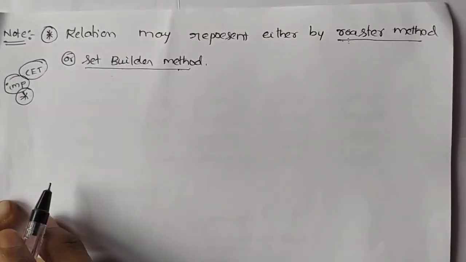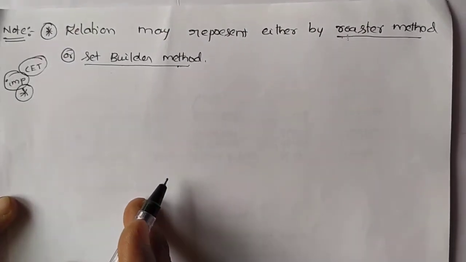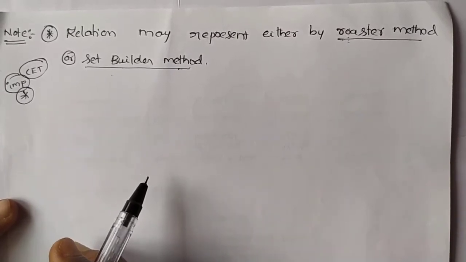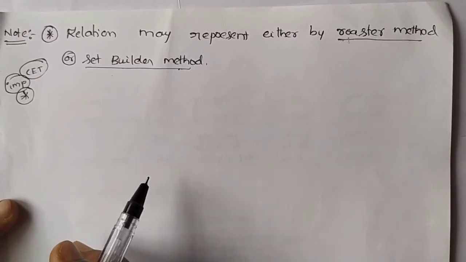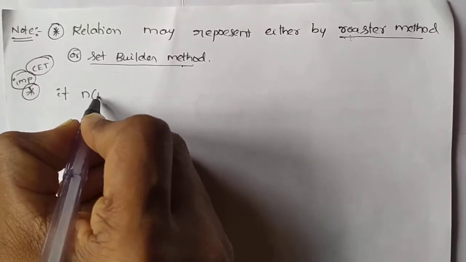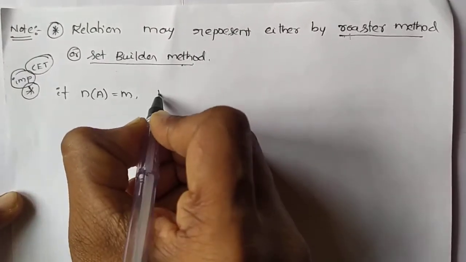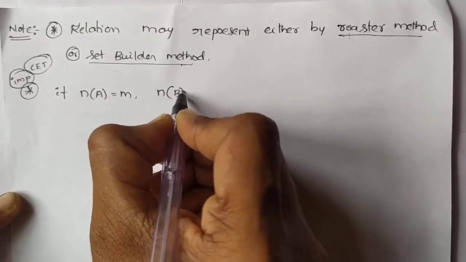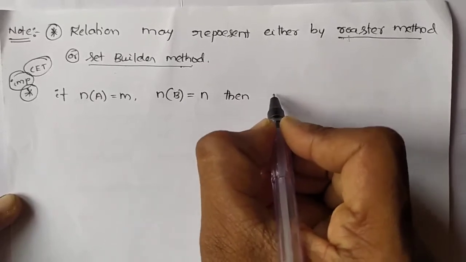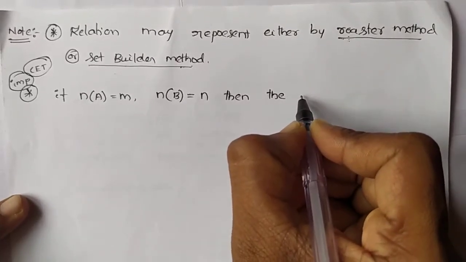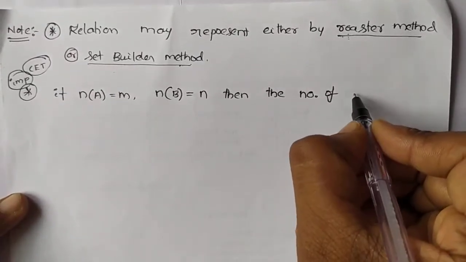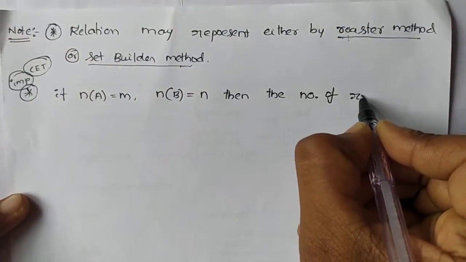We know that if the number of elements in the set A is m and the number of elements in the set B is n, then the number of elements in A cross B is m into n.